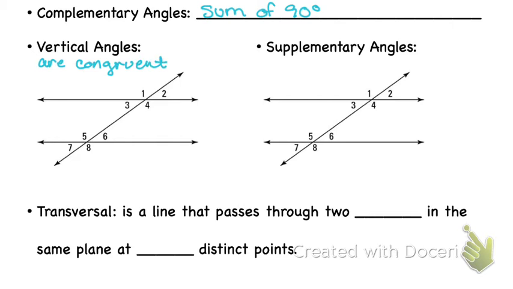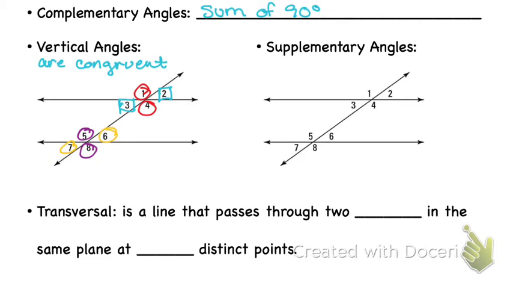Their measures are equal. So I have 3 and 2 are a set, 1 and 4, 5 and 8, and 7 and 6. Those are all the sets of vertical angles there.